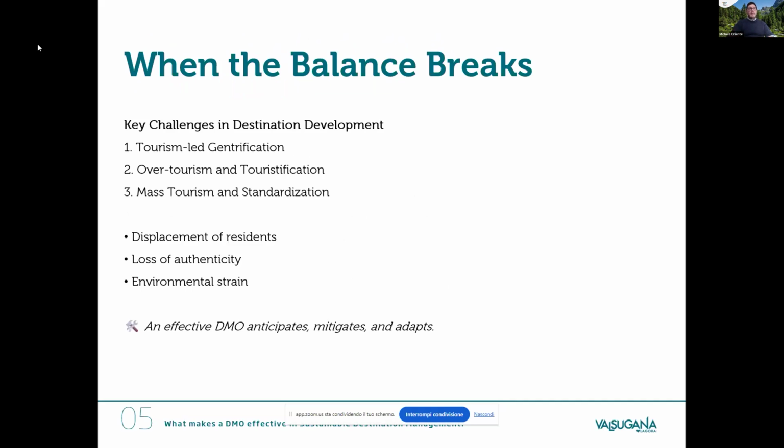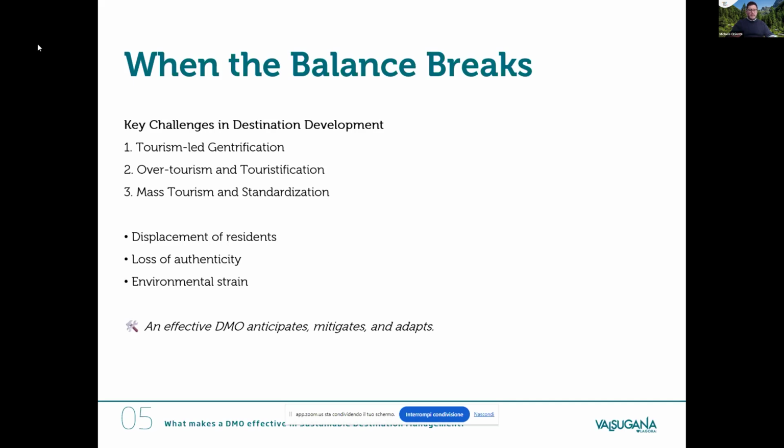The problem about tourism: these are famous when we talk about tourism-led gentrification, overtourism and touristification, or, for example, mass tourism and standardization.